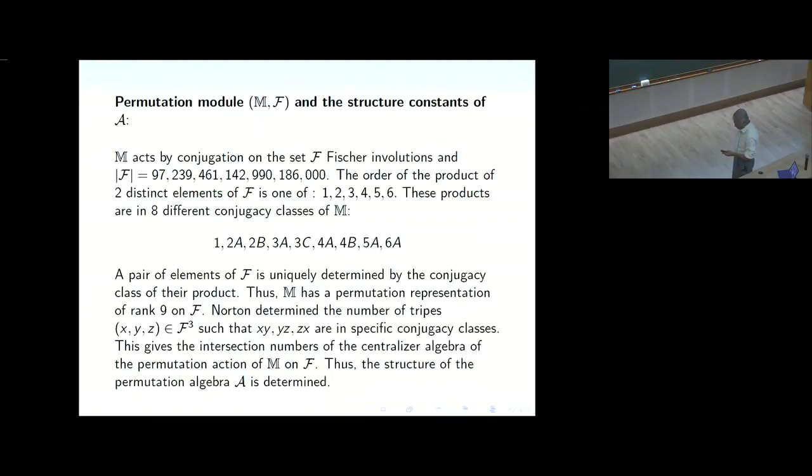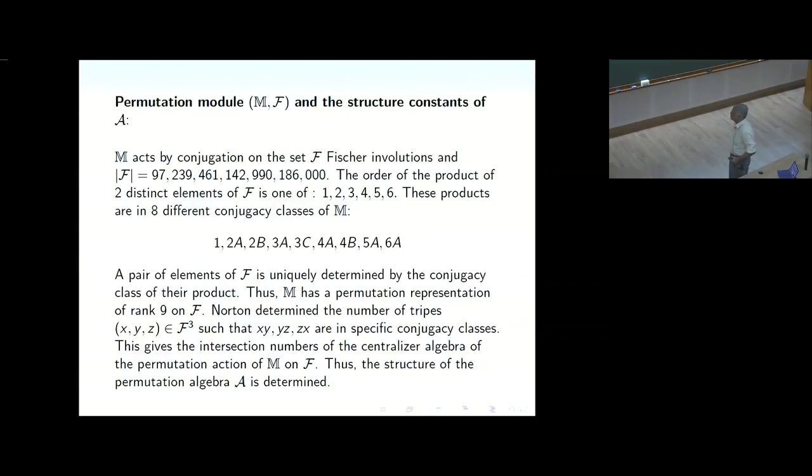And as I said earlier, the M acts on F by conjugation, and these are conjugacy classes. And Norton determined these numbers: the number of triples x, y, z such that x, y, z, and xyz are in specific conjugacy classes.